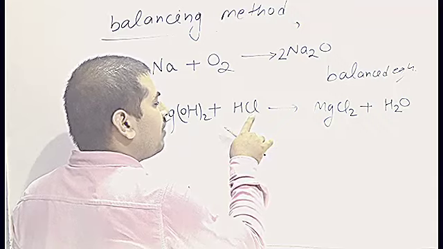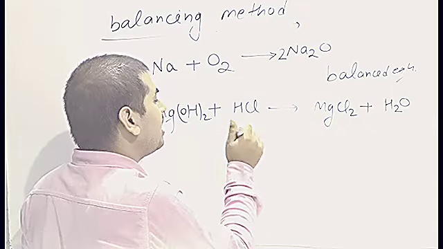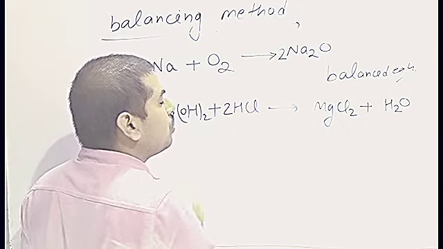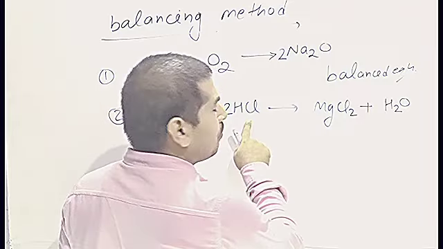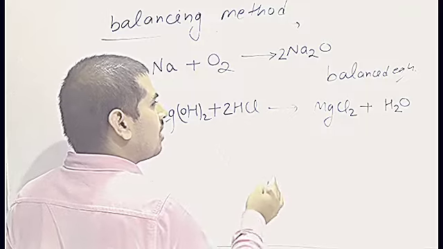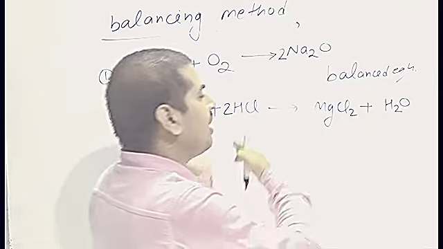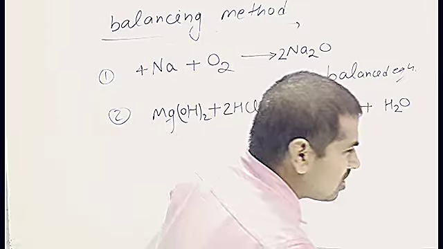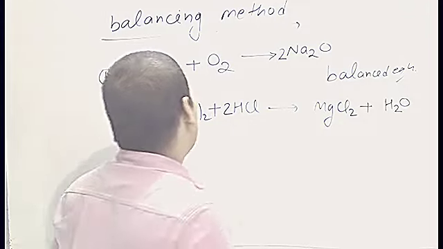So here only 1 atom of Cl is present, so by multiplying 2 we get 2 atoms of Cl, and also here 2 atoms of Cl, means the number of chlorine atoms in LHS and RHS is now equal.